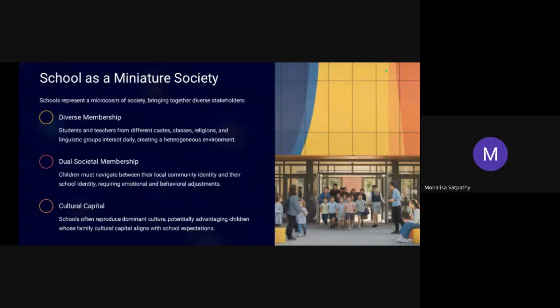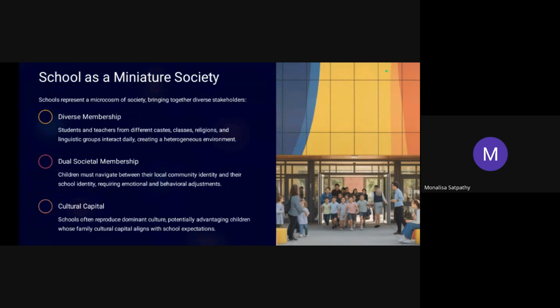First, here we will find diverse membership. Diverse membership means students and teachers come from different backgrounds. They may have different castes, classes, religions, and linguistic groups. Those kinds of things we also find in society. From that point of view, it is called a miniature society, or simply we can say we find a heterogeneous environment in a school.